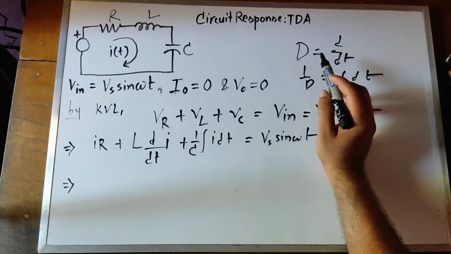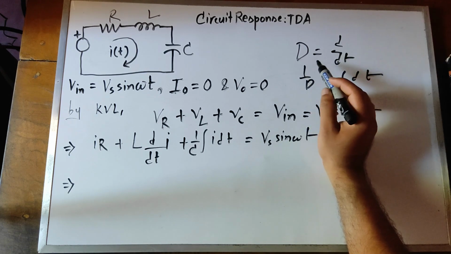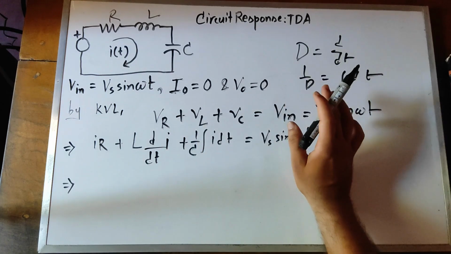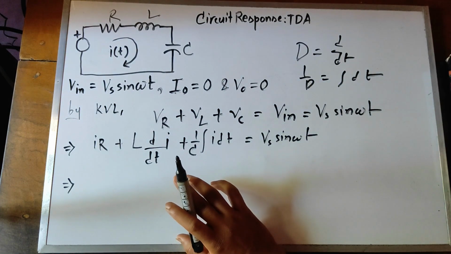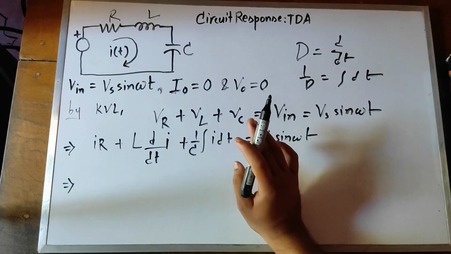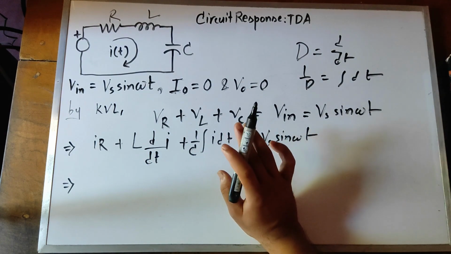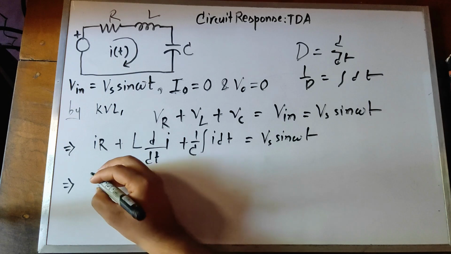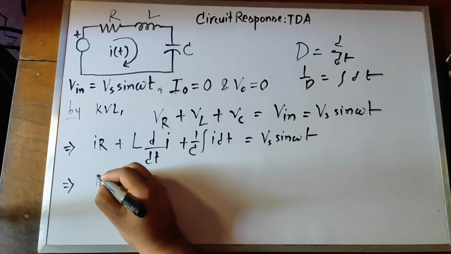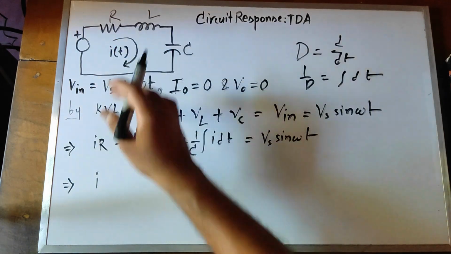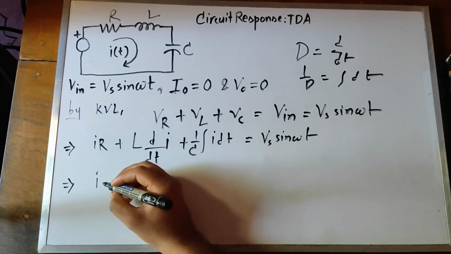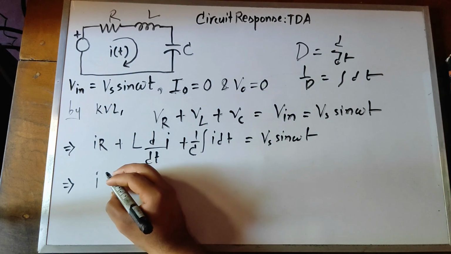I will be using D, the linear differential operator, because the equation is linear, the system is linear, and it will make our lives easier. So this will be I, where I is a function of time. You obviously have to remember that.